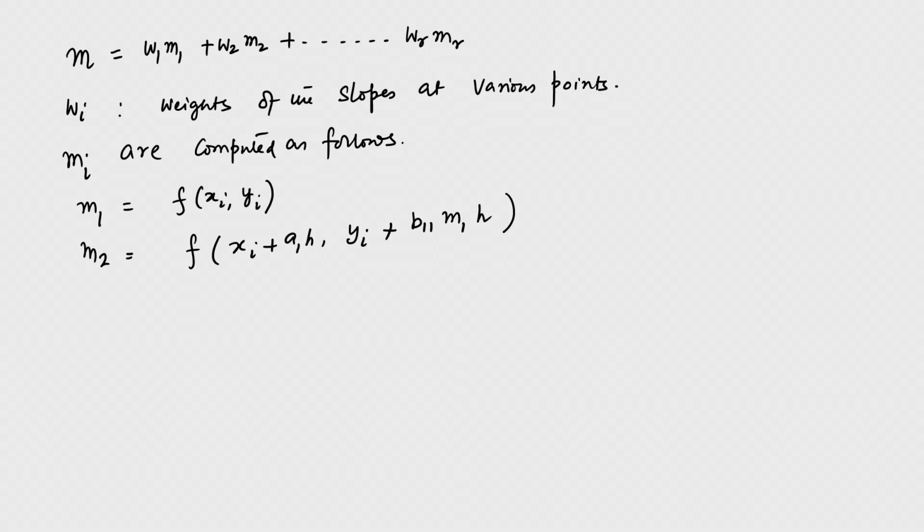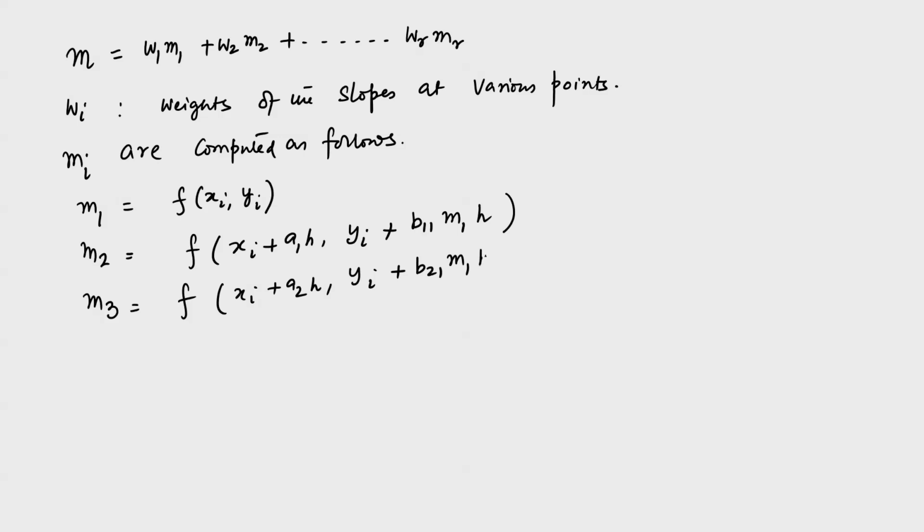We will specify what this A1 and B11 are, and so on, and this M3 is the value of the function at xi plus A2 h and yi plus B21 M1 h plus B22 M2 h. So, the slope M2 uses the value of the slope M1, which is the value of the function, and similarly the slope M3 uses the value of M1 and M2 both, and so on.